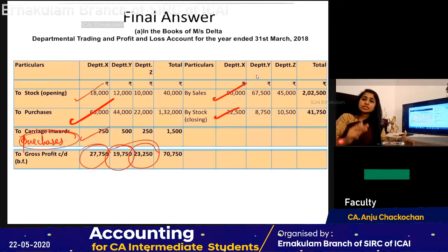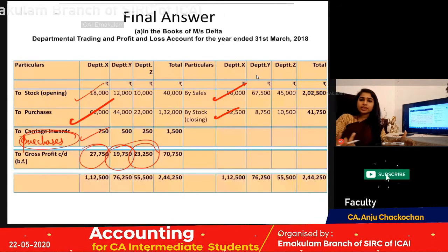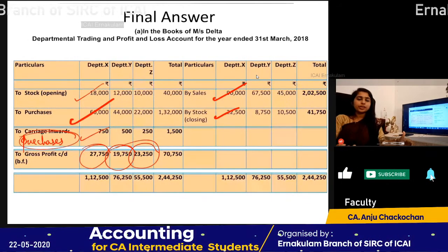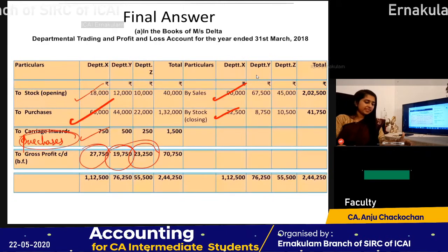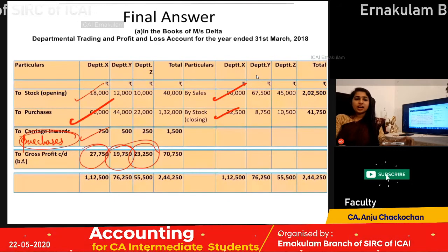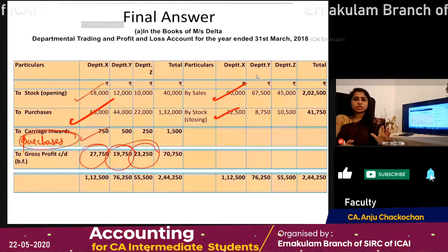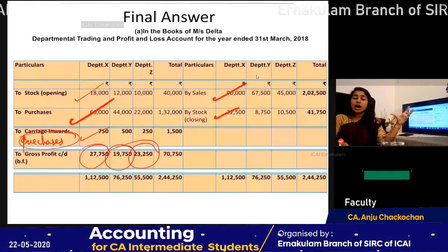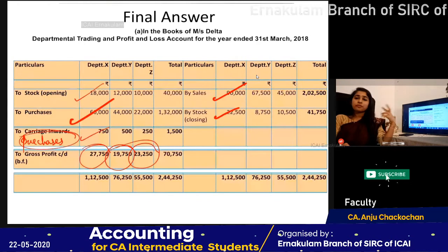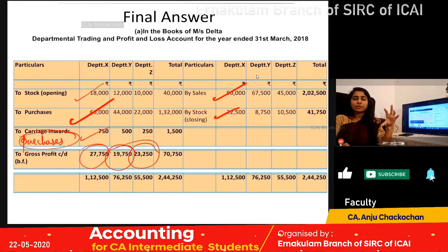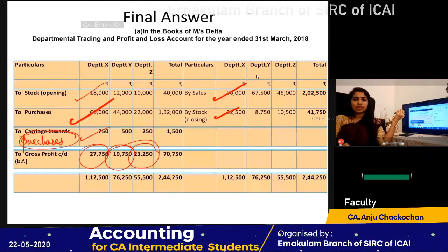Now, students, do the next one, the net profit computation. Make it fast. Start computing the net profit and come up with answers. In the net profit part, you will have to allocate mostly all the expenses because the majority of the expenses are common expenses. We have already computed the ratio for that. You just have to allocate the common expenses on the basis of the ratio. That is the only task remaining.